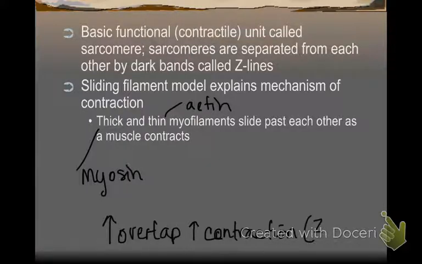And that would make the Z lines close together. So what you said, more overlap, more contraction, Z lines go together? Uh-huh. Okay. The Z lines moving closer to each other is a sign that you have more contraction. Question? And the overlap is like the myofilament. Uh-huh, the myofilaments, the actin and the myosin overlapping each other.